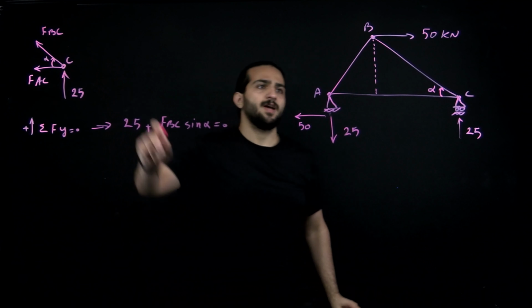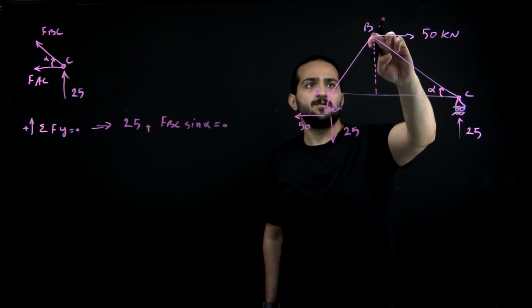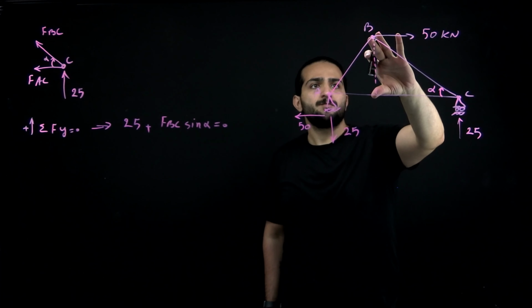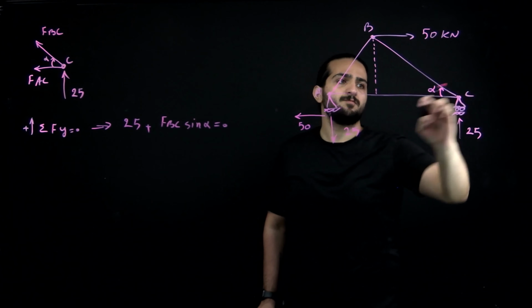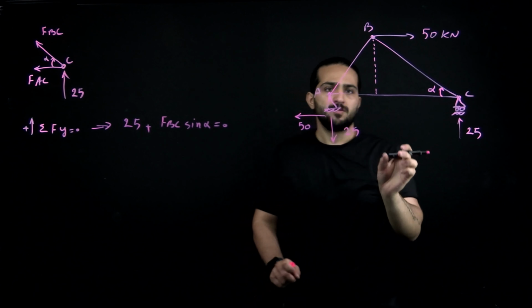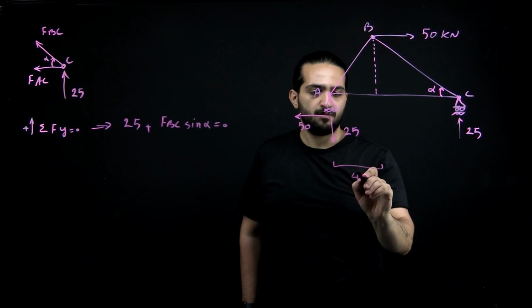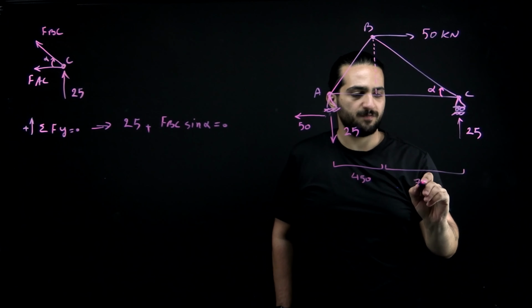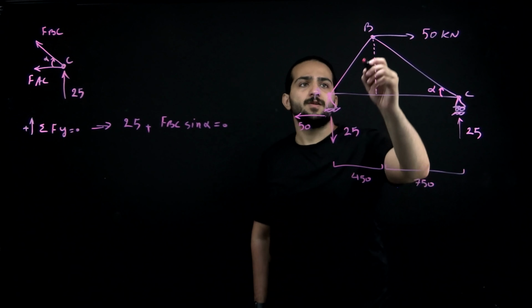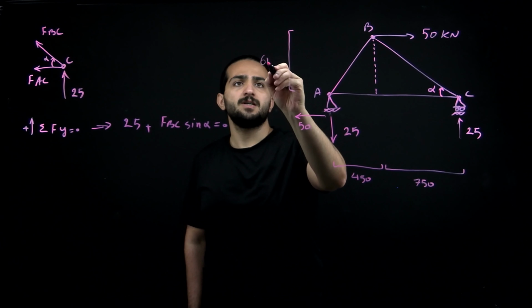And we know sine of alpha, if we consider this triangle, would be this height divided by the length of BC. We know this is 450, so this would be 750, and this height is also 600.